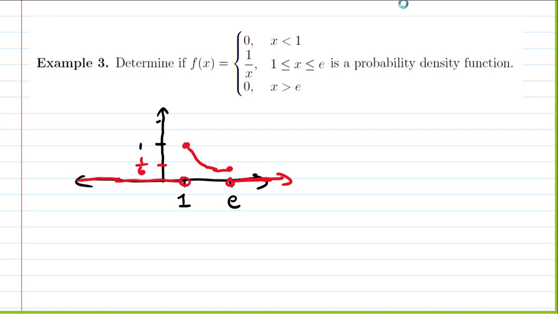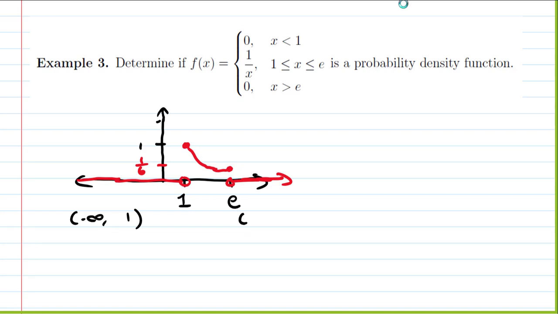So we have a function that looks kind of like this, and it's only non-zero between the values of 1 and e. So this is what I was alluding to earlier in the light bulb situation, where we would say it can't be less than 0. So on this interval right here, from negative infinity to 1, what's the value of that integral going to be? 0.